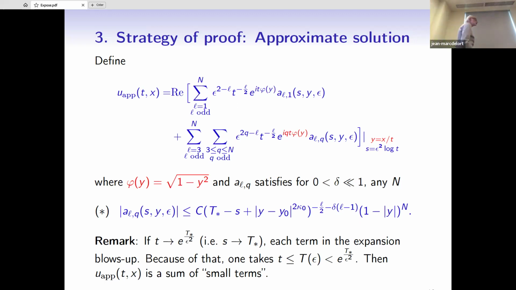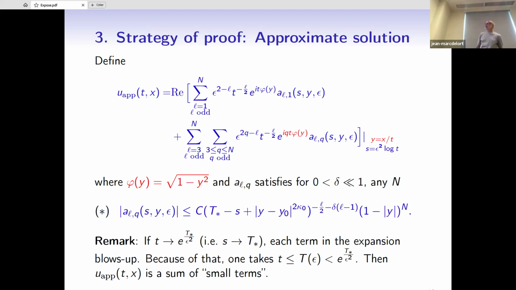Such terms should appear because when we compute our cubic nonlinearity on U up, if we take the cube of quantities of that type, we shall get terms of that form with q equals 3, etc. And so these terms have the same structure as the preceding one up to this change in the phase.